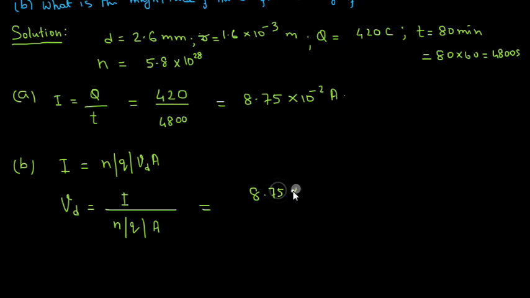So if we put all the values: 8.75 into 10 to the power minus 2 A, which we found in part A as the value of current, and n is already given to us.